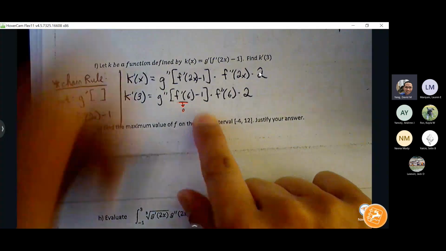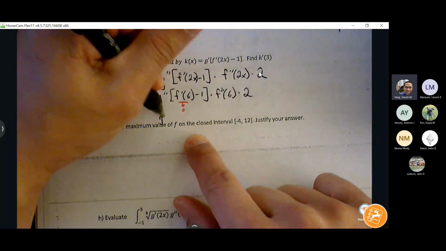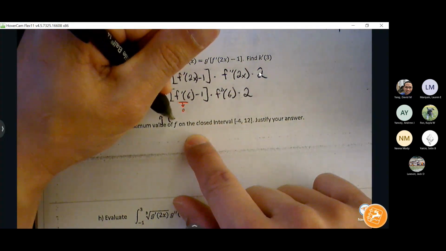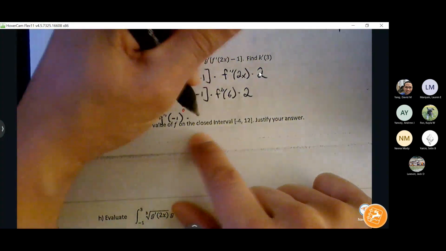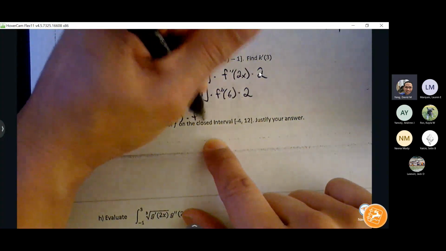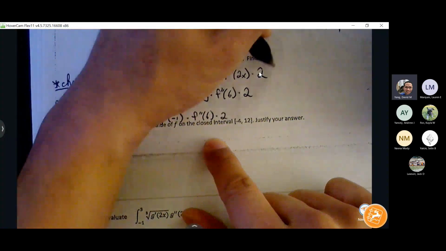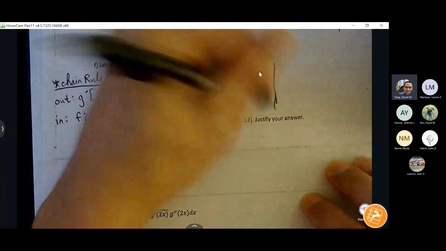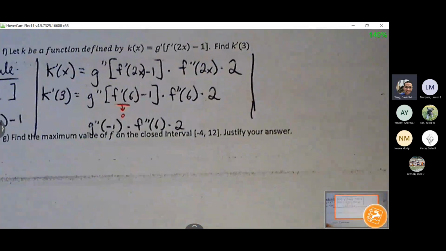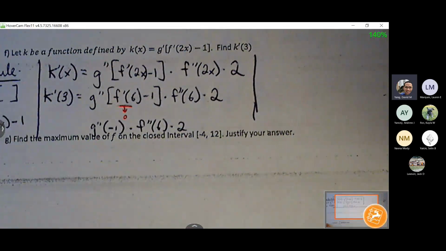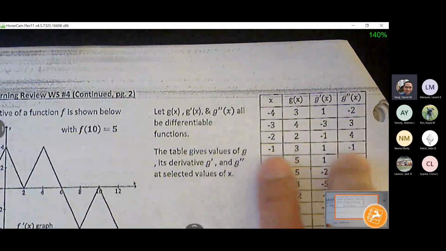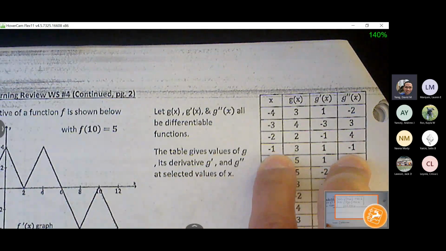Zero minus 1 is -1, so we end up with G double prime of -1 times F double prime of 6 times 2. So we're just gathering information one piece at a time. G double prime of -1, we can get from our table, which is -1.